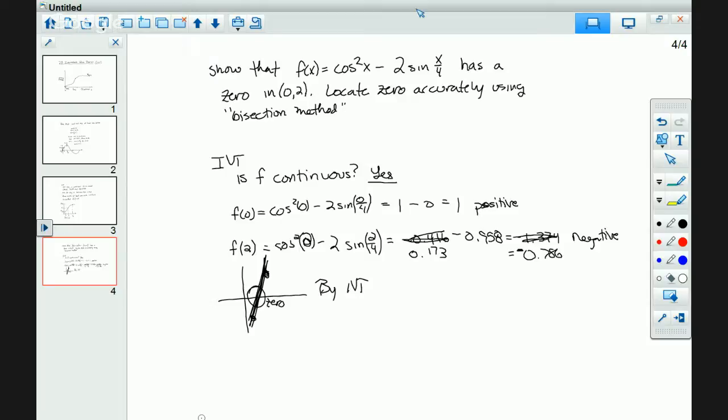Let's say by the intermediate value theorem, f is 0 in this interval. So if you're responding, saying this is enough to include this material. You show the work, you implement the intermediate value theorem, make your statement.